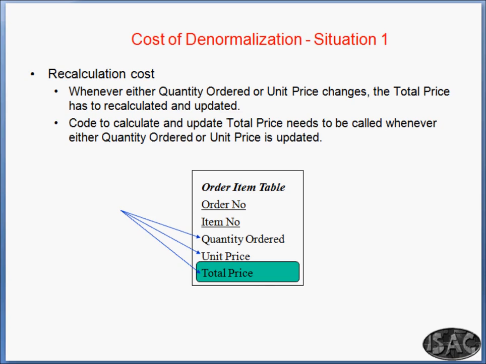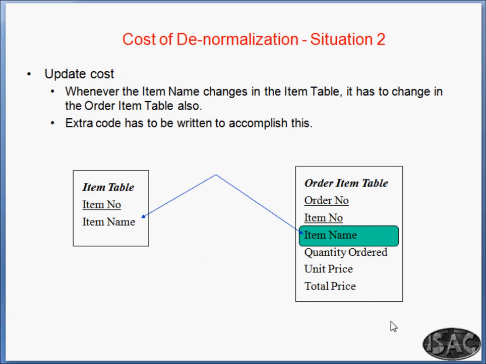Another is update cost. As I said, item name we are introducing in the order item table and violating the second normal form, but that's fine. The other problem is update cost.